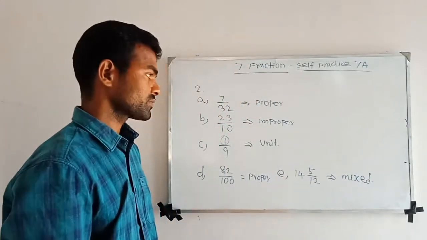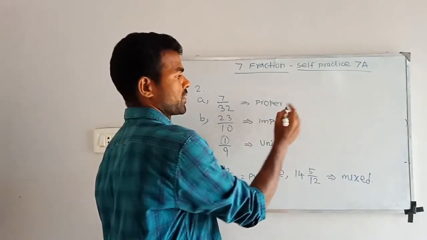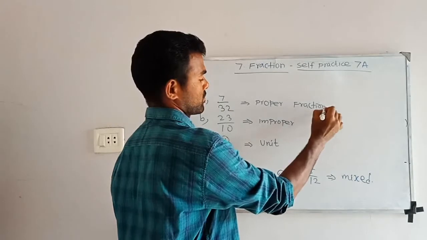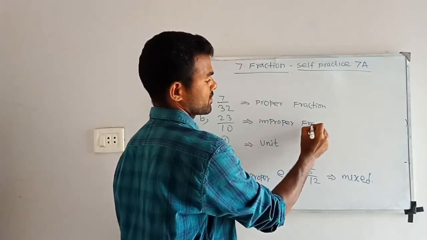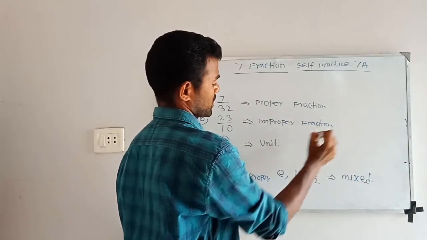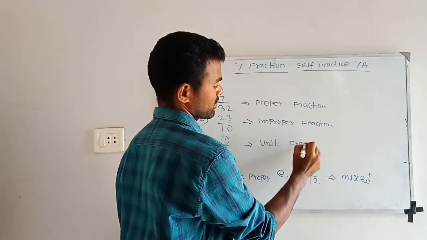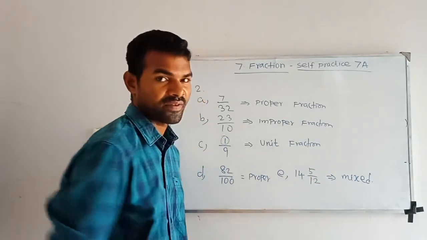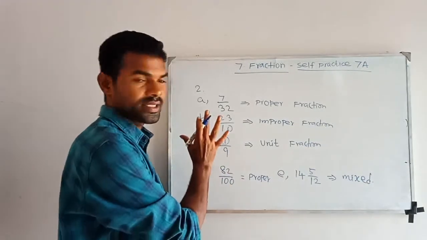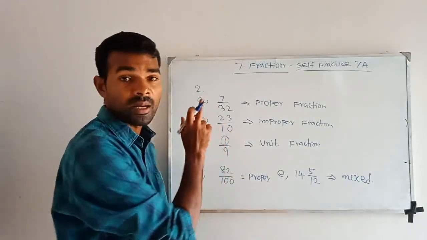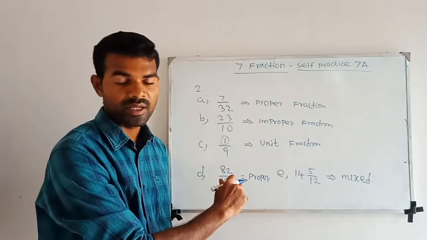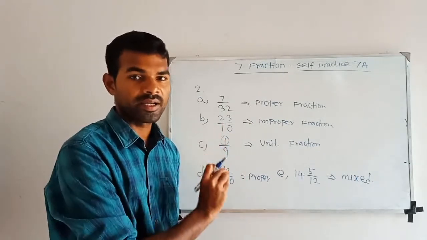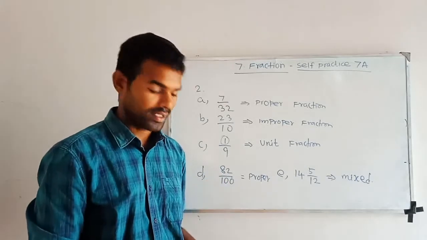So: proper fraction, improper fraction, unit fraction, proper fraction, mixed fraction. Just see the number. Just compare the numerator and the denominator, then you will get the idea and can classify the fraction correctly.